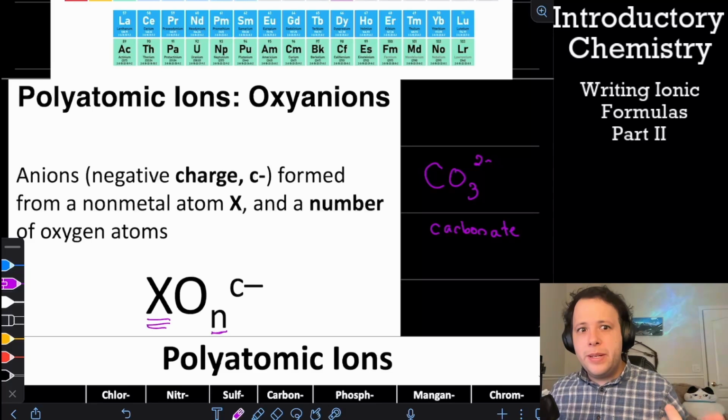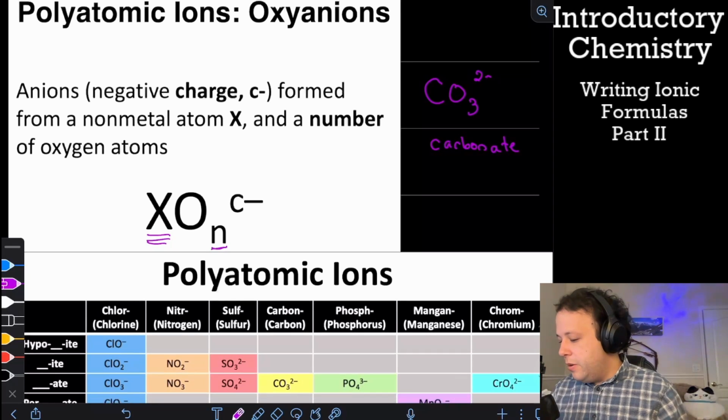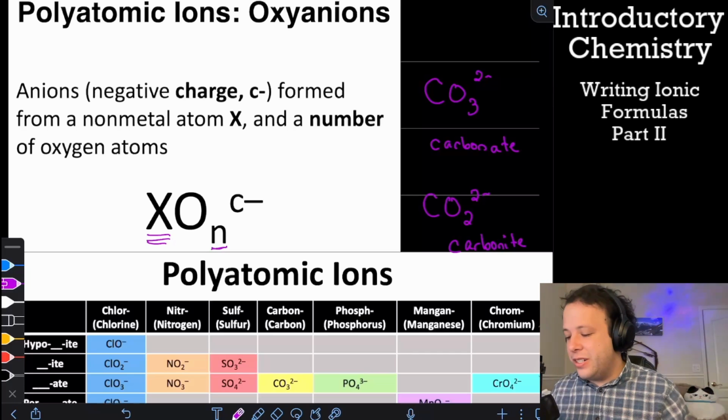Another type of polyatomic is typically editing the number of oxygens in the actual element. So if I go one oxygen less and the charge stays the same, we have CO2 2 minus, and in this case it would be carbonite. So carbonate, carbonite, just showing that oxygen subtraction.